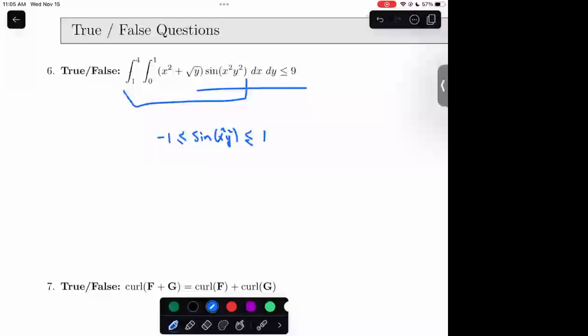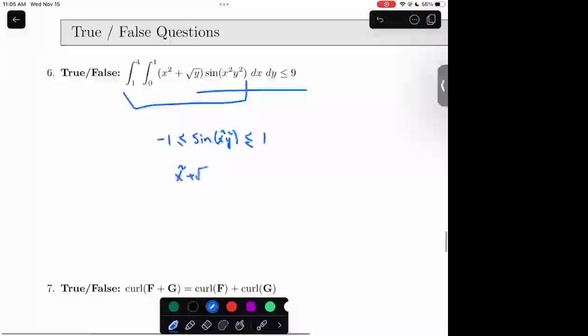But sine, no matter what you input into it, is always bounded between -1 and 1. And so we can create the function that we're interested in by multiplying x squared plus root y into the middle here. And of course, if you don't want to break your inequality, you should do the same thing on all sides.